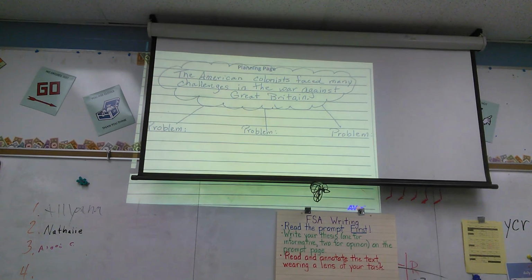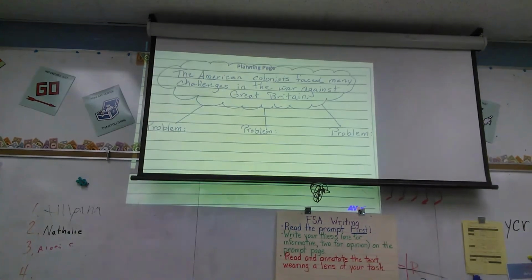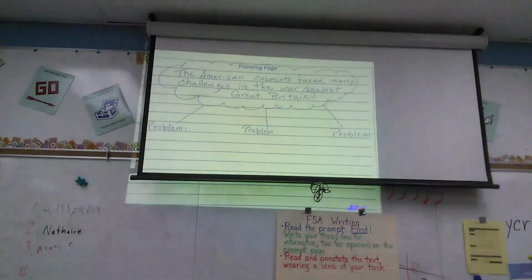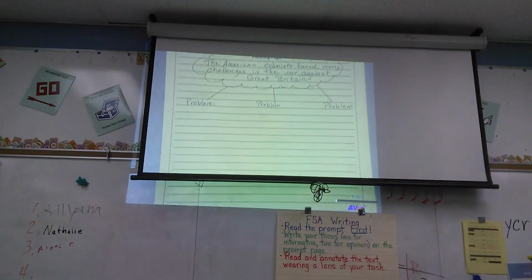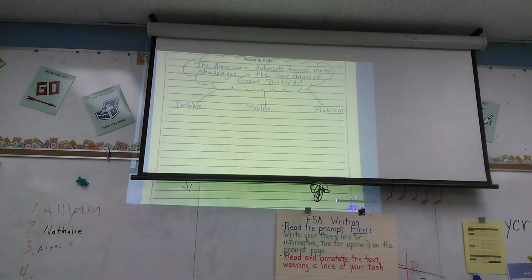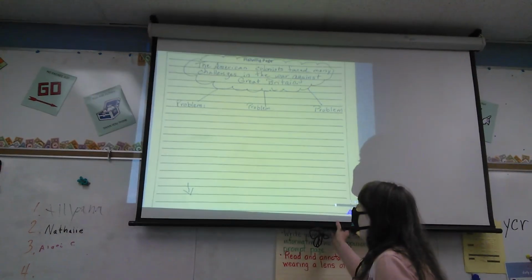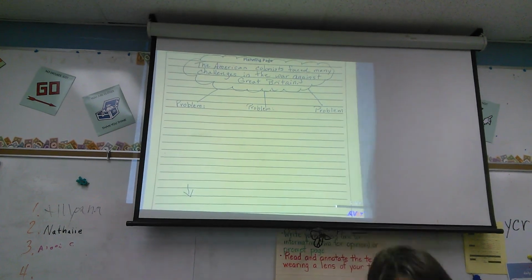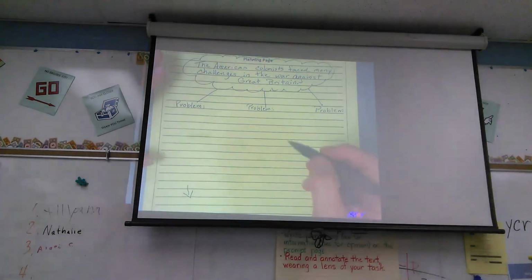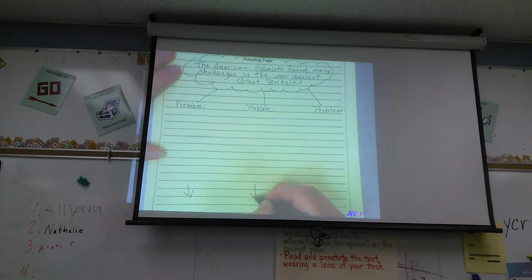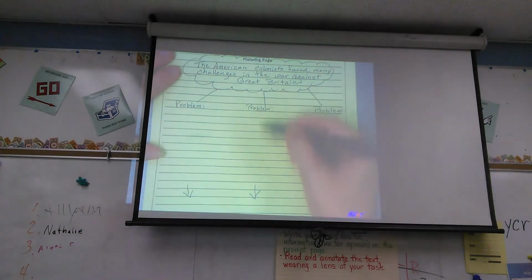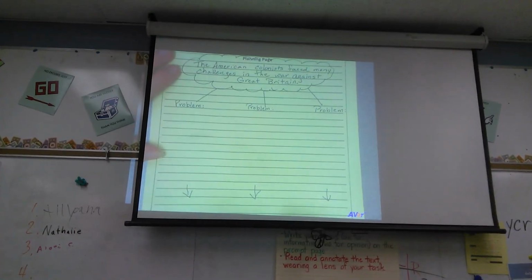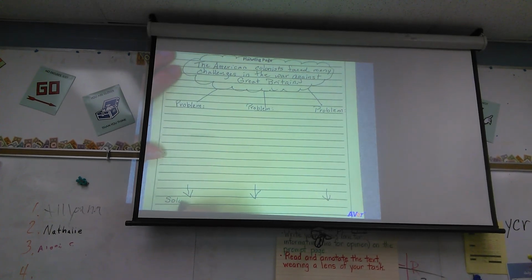You're going to have to explain the problem. But once you have your details, then you're going to come down here. Let me just scoot out a little bit so you can see it. Pull this down. And can you see where I drew an arrow? If you can't see, stand up so that you can see it. I've drawn 3 arrows, one directly under each of my word problems, and then under that, that's going to be the solution.